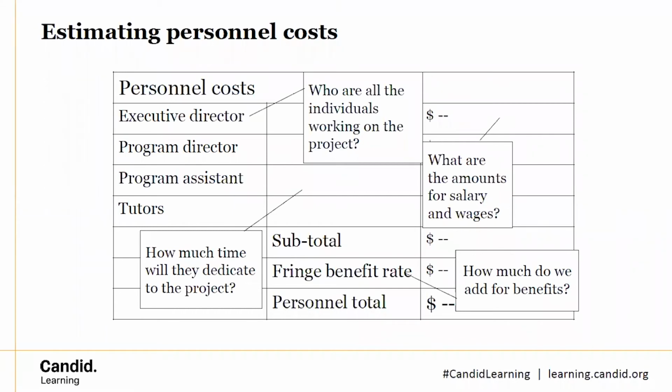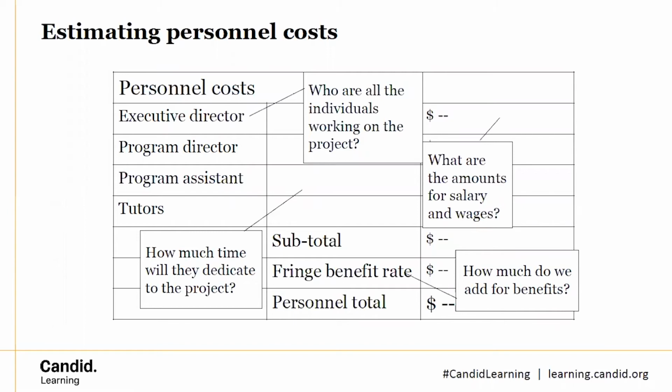The program director might be focused 100% of their time on this project for a couple of months. So you think about how much of their job is going to be focused on this project. Then you'll need to know their annual salary or their hourly wages, depending on how your organization is structured, and you'll calculate and allocate the portion of their salary the project is covering.